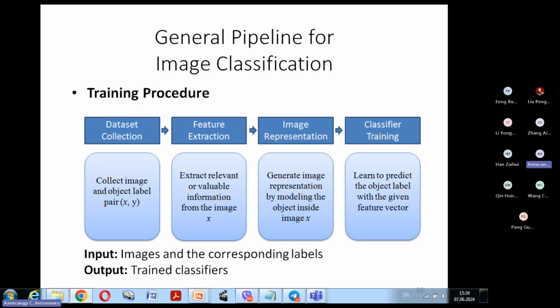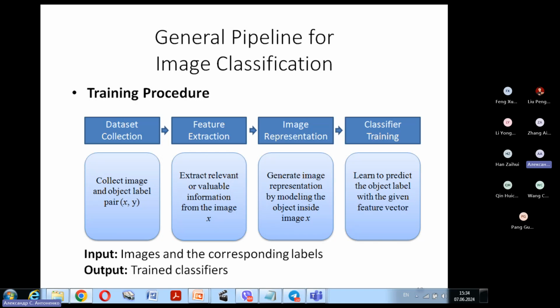And after that, we can train this model, so learn to predict the object label from a given feature vector. So using features, we know how features correspond to our label, and when we train on some training data set, we obtain a trained model, and we can apply this trained model to some new picture.